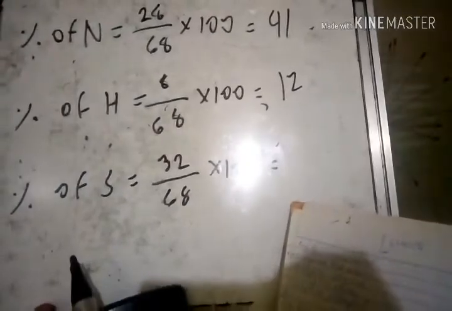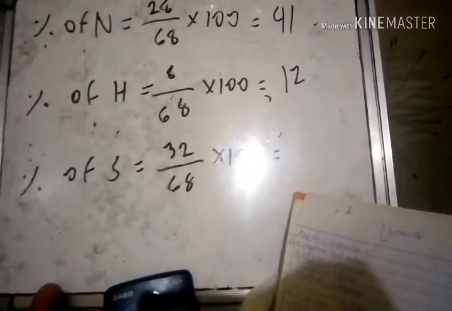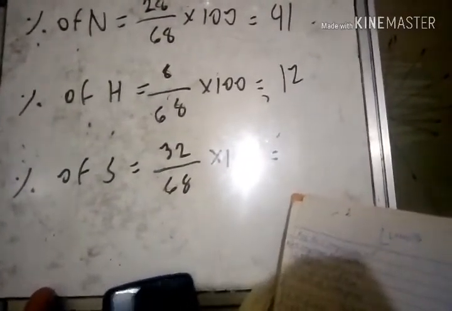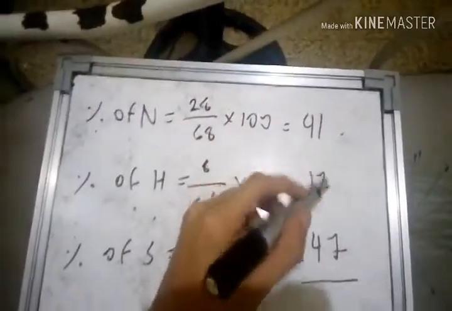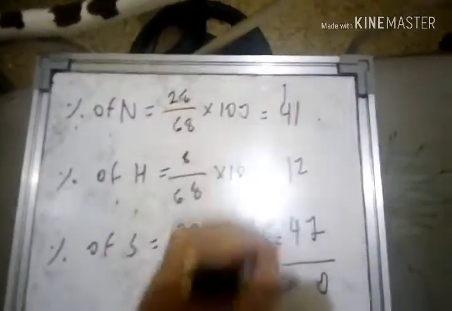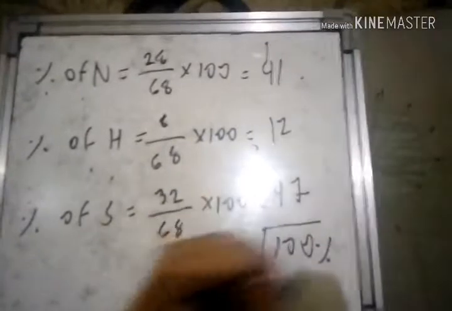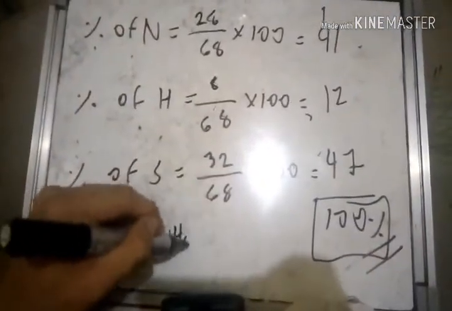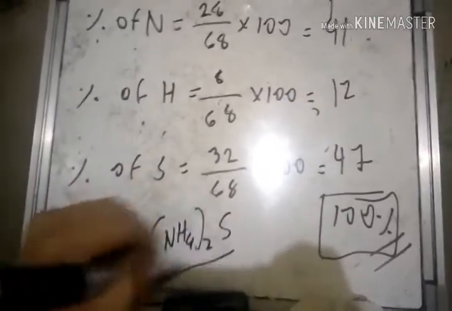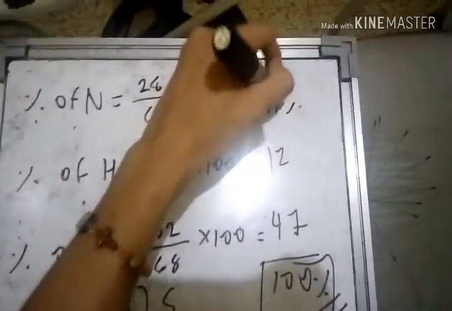And we have sulfur, we have 47. Okay, now let's add: 7 plus 2 plus 1 is equal to 10, 4 plus 1 plus 4 is 9, plus 1 is 100. So there you have it. We have the percentage composition of the compound (NH4)2S equal to 100%. We have 41% nitrogen, 12% hydrogen, and 47% sulfur.